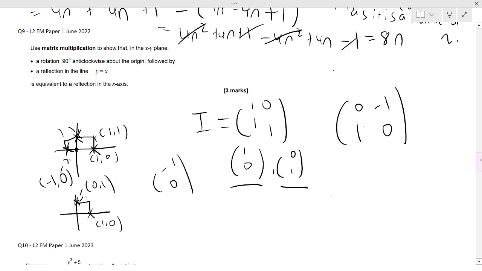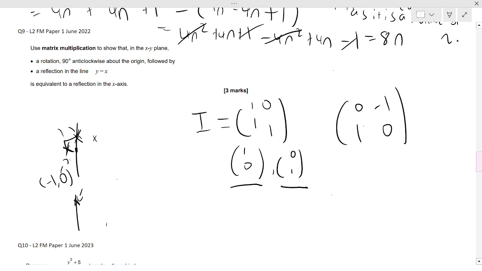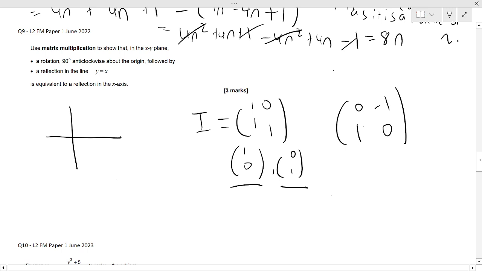Okay, cool. Now, what about reflection in the line? Let's get rid of all this, and we're going to apply the same sort of method again. So, reflection in the line y is x. Again, let's consider this unit square here. We're reflecting it in the line y is x, and the y is x line is here.